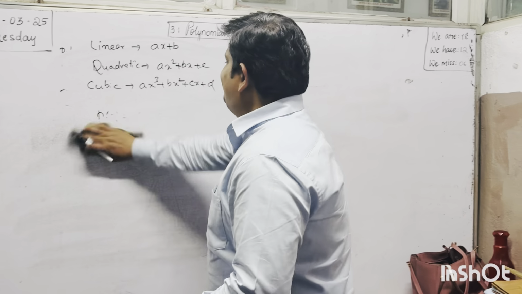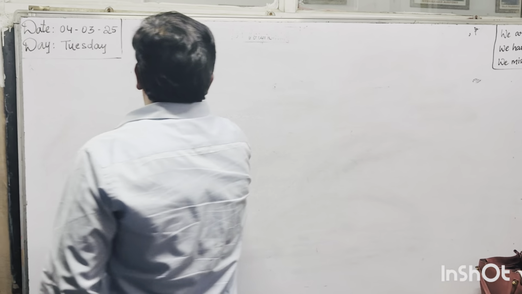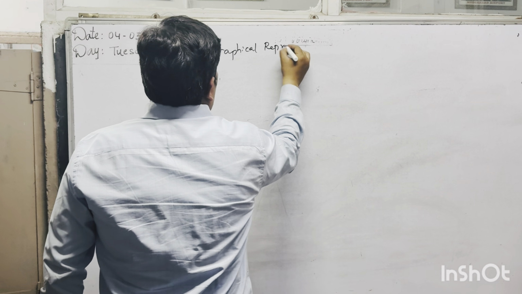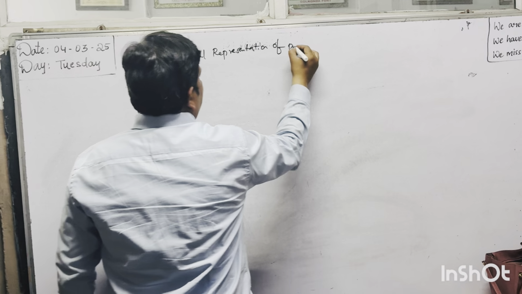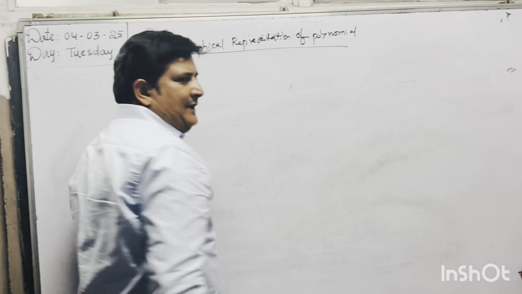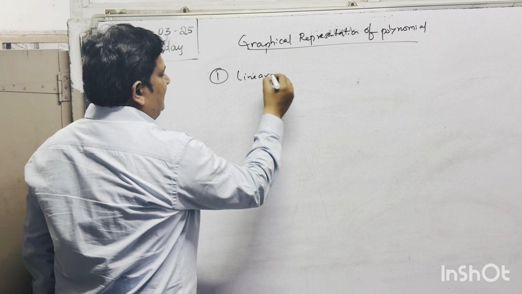Before that, graphs. You are having the graphs. So, graphical representation of polynomials. So here you have some types of graphs. The first one is the linear polynomial graph.